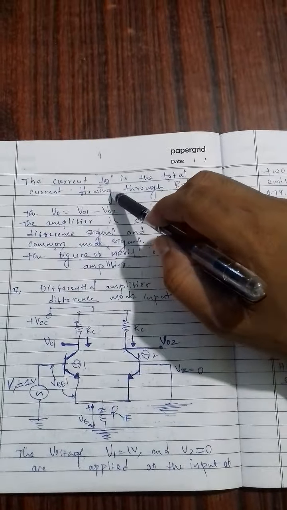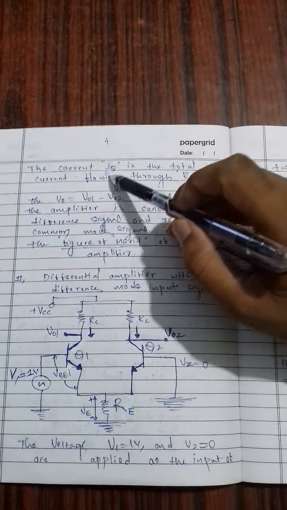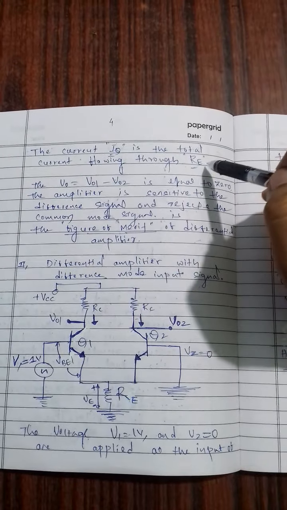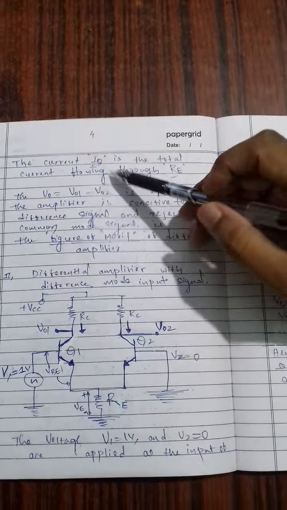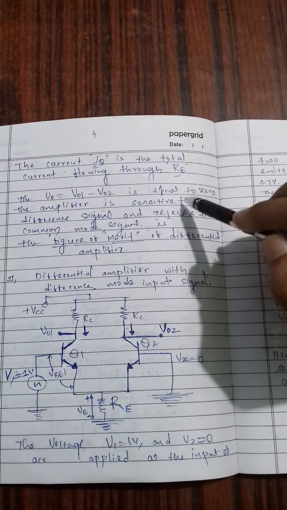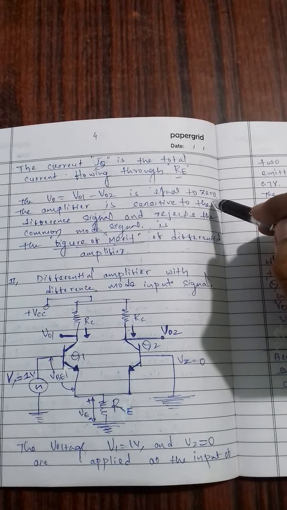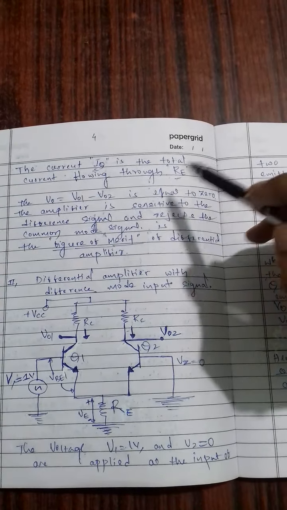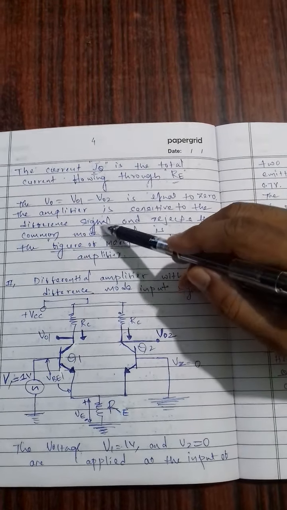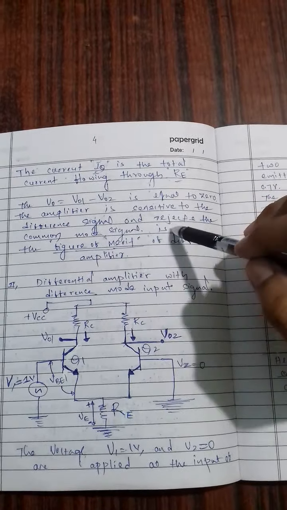The current IQ is the total current flowing through the emitter resistance, that is RE. The output voltage VO1 minus VO2 is equal to 0. The amplifier is sensitive to the difference signal and rejects the common mode signal.